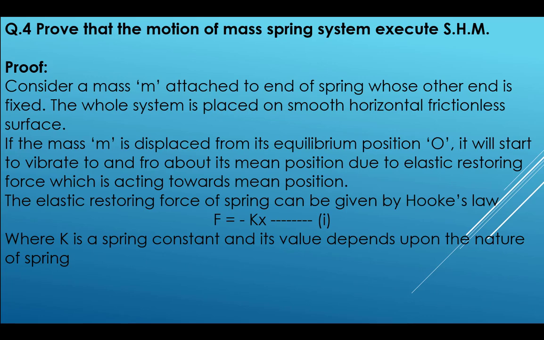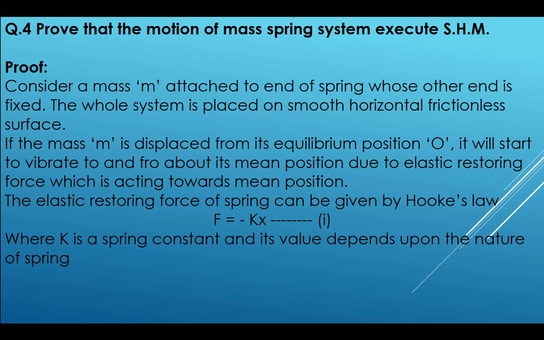The soft spring will exert less force and the hard spring will exert larger force. This is not because of the displacement, as the displacement for both springs is 1 centimeter. Then why is the hard spring applying greater force compared with the soft spring? This is due to the stiffness of the spring.